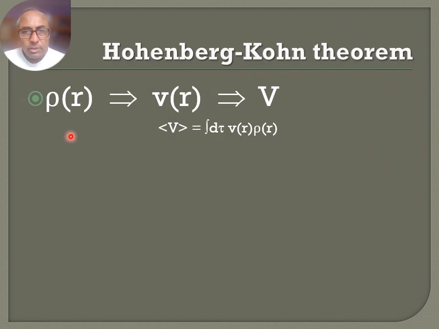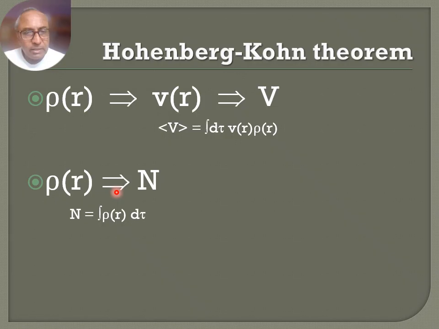So according to the Hohenberg-Kohn theorem, ρ(r) determines v(r), which in turn determines capital V, since the expectation value of V is just ∫dτ v(r)ρ(r). And ρ(r) determines N, since N is just ∫ρ(r)dτ.